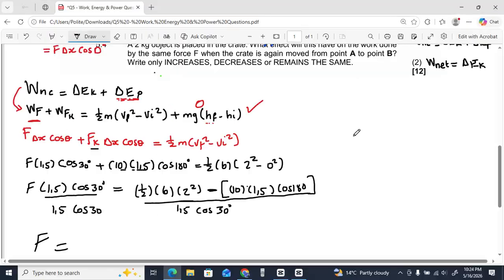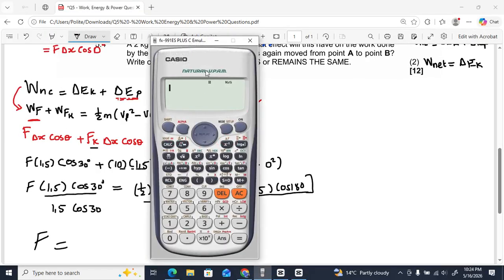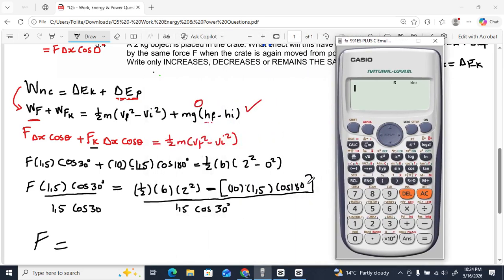Let me just put that on the calculator and see what I get. I'm going to say this is, on top I have half, which is multiplied by, okay, let's put this half inside the bracket. This is multiplied by 6 multiplied by 4. I'm just going to say 4 because it's 2 to the power 2. Then I'm going to subtract everything inside the bracket.